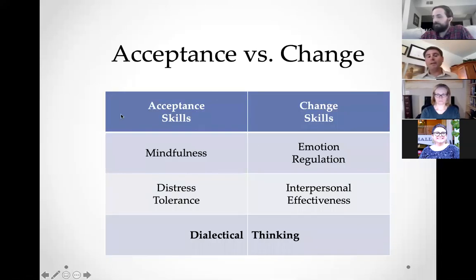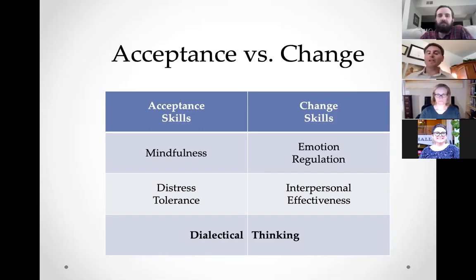But fortunately, the model itself lends itself to this balance. So if you think about it, two of the skill sets that we've talked about are all about acceptance, mindfulness and distress tolerance. With those two skill sets, you're not helping a client change anything. You're actually helping them embrace the reality they have in this moment.